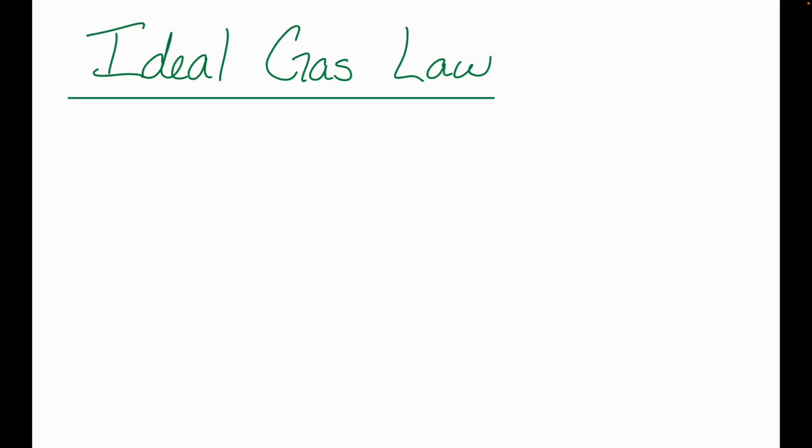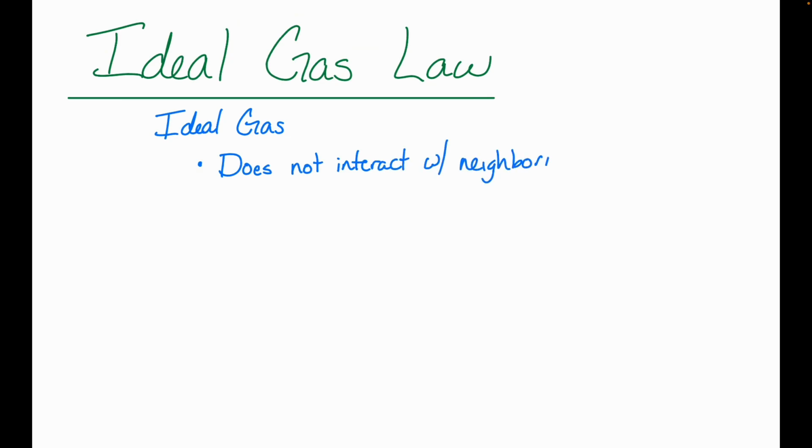The ideal gas law makes 2 really important assumptions about your gases, that they are ideal. These are these ideal conditions. An ideal gas has 2 very important properties. One, it does not interact with neighboring gas molecules.